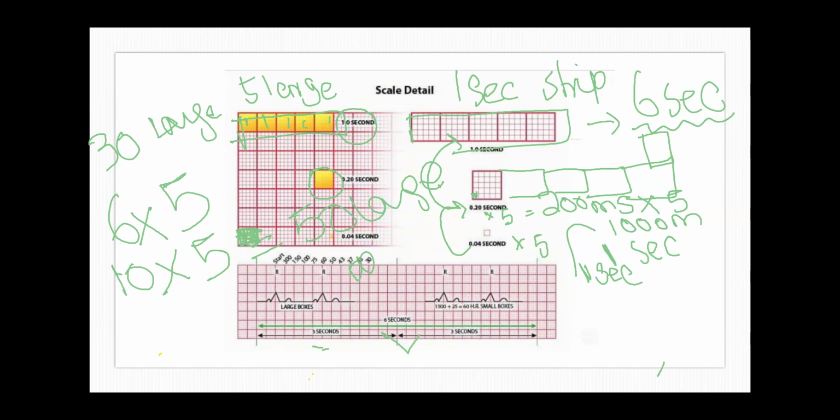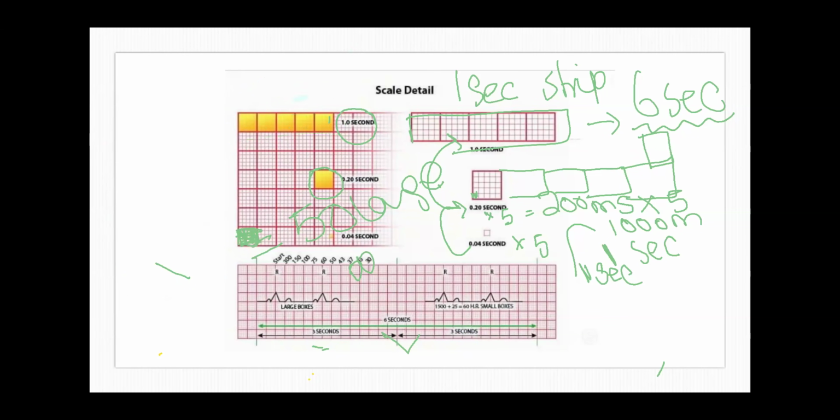Why I am talking about it in so much detail is because now, how you are going to calculate the rate for irregular rhythm, because for that we are making this concept.